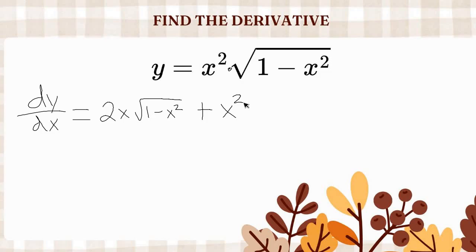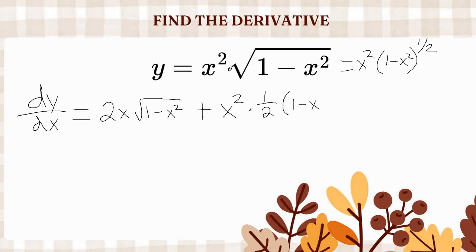So, how might we rewrite this in order to help ourselves? To the 1/2, okay? So, what's our outer layer, or our shell? The square root, or our 1/2, okay? So, we bring down our 1/2.